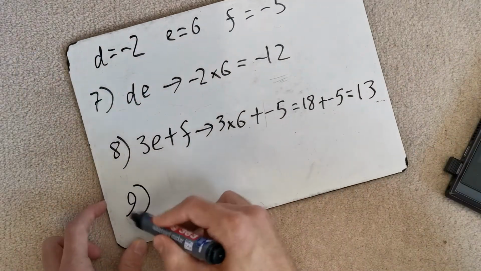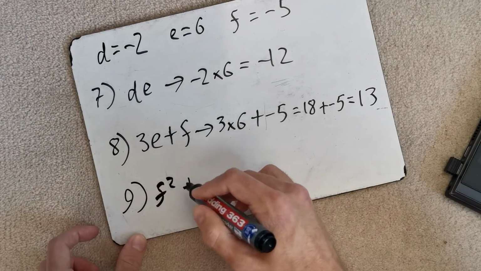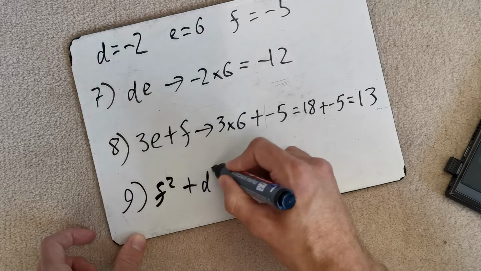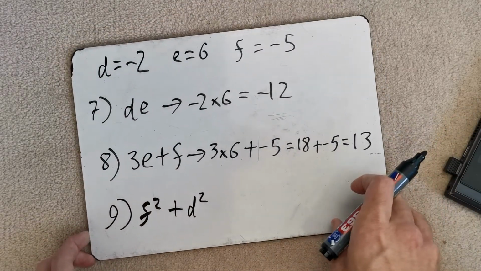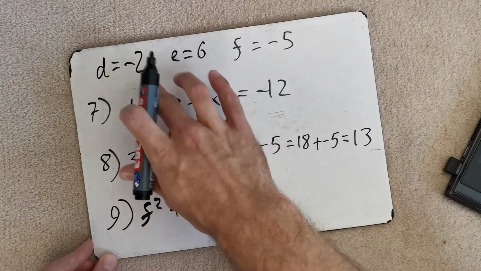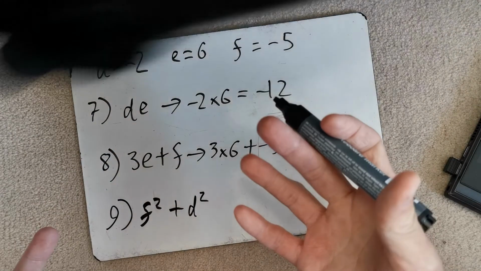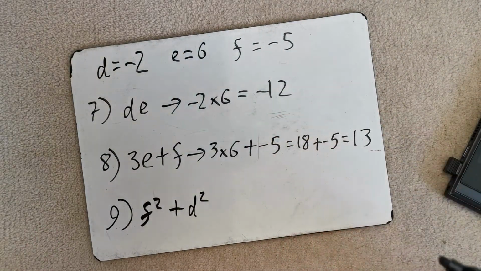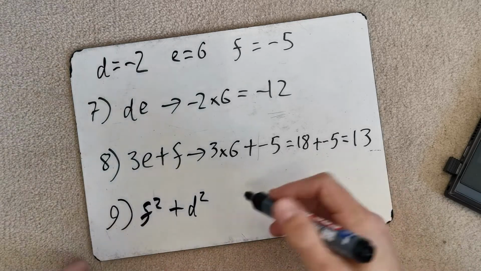Question 9, work out F squared plus D squared. Ooh, this one is a bit of a devious one, because when you square a negative number, it actually becomes positive, because when you are timesing a negative by a negative, so a negative by itself, it becomes a positive.